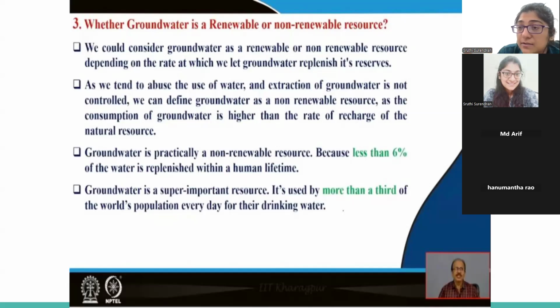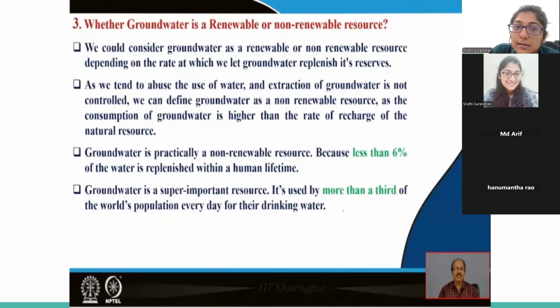So mostly this has to be considered as a non-renewable resource, because the quantity of water that is utilized per capita is not being replenished by that person, if you are tallying the utilization and replenishment.